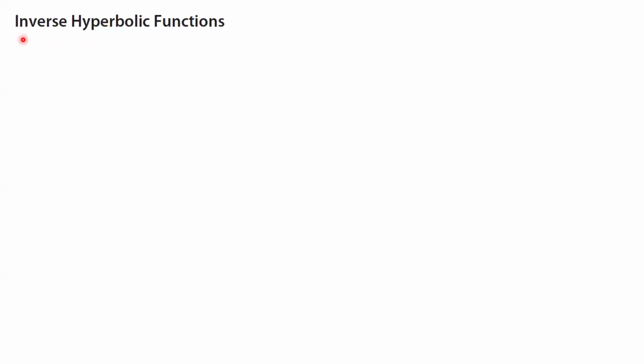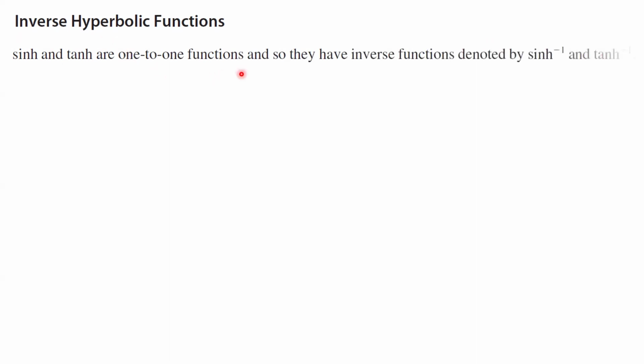On the topic of inverse hyperbolic functions. Hyperbolic sine and hyperbolic tangent are one-to-one functions, and so they have inverse functions that we denote by inverse hyperbolic sine and inverse hyperbolic tangent.